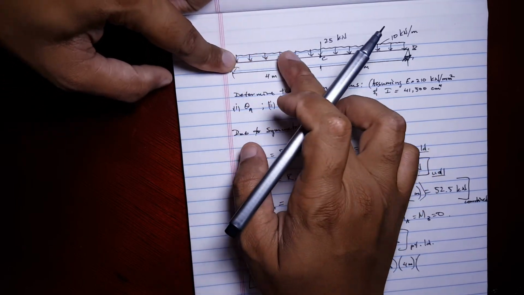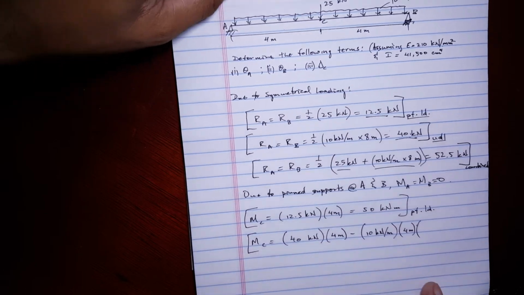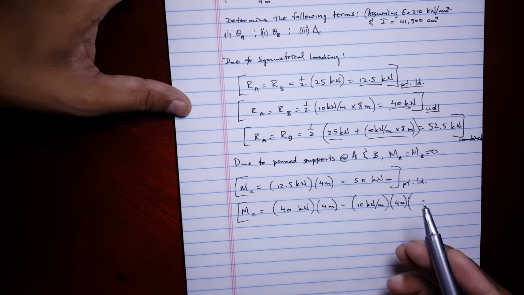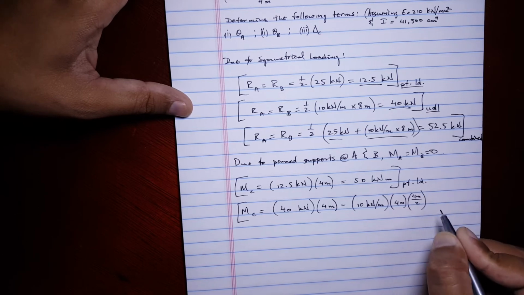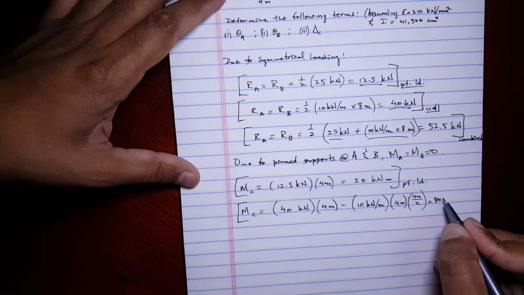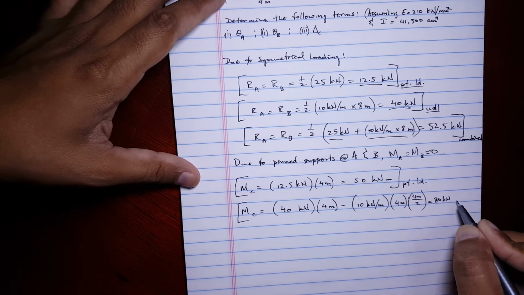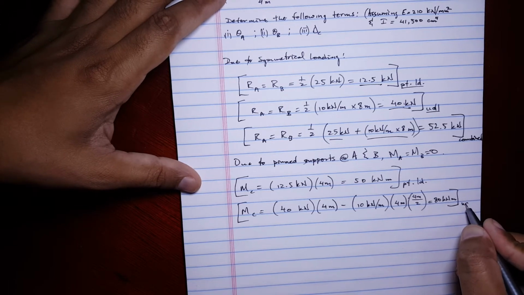The centroid is the midpoint here, right? So it's half of the span, that's 4 meters over 2. And that gives us an answer of 80 kilonewton meter. And that is for the UDL.